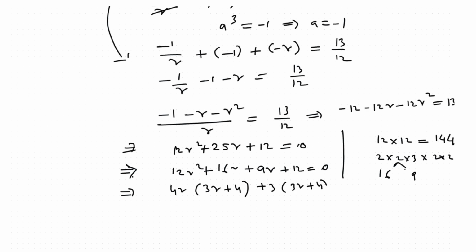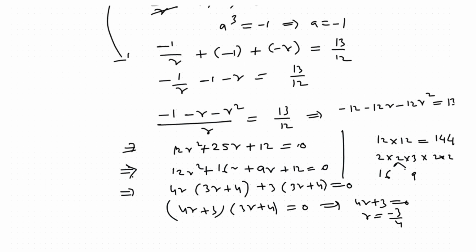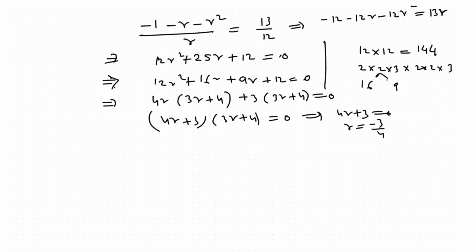So you get 4r plus 3 into 3r plus 4 equal to 0. So 4r plus 3 equal to 0, which means r is -3 upon 4. And for the other value, when 3r plus 4 is 0, then r would be -4 upon 3.